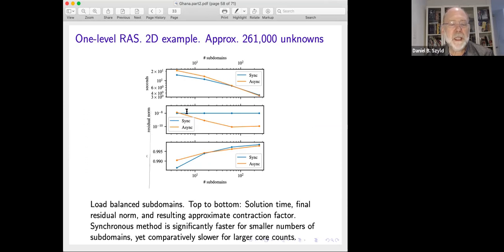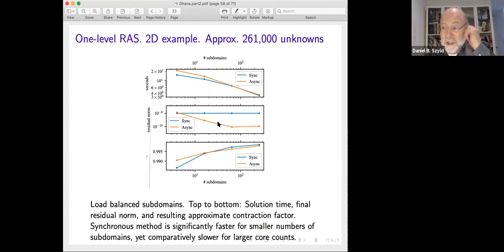This is something that is interesting. In the synchronous method, you stop when you reach your relative residual norm. But in asynchronous methods, I said nothing about the stopping criteria so far. If everything is asynchronous, you don't want to stop and say, okay, we will converge and then start again. You want to do the stopping criteria synchronously.